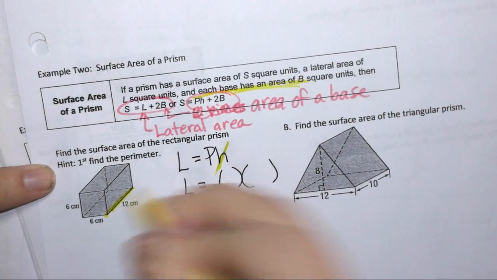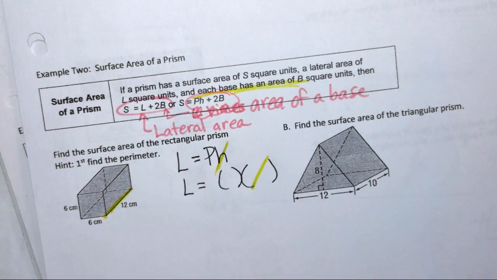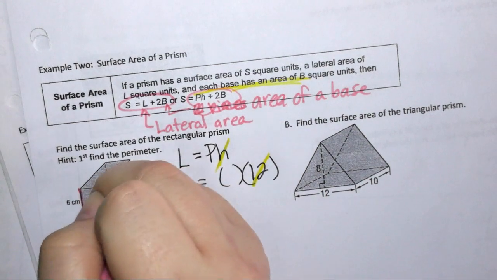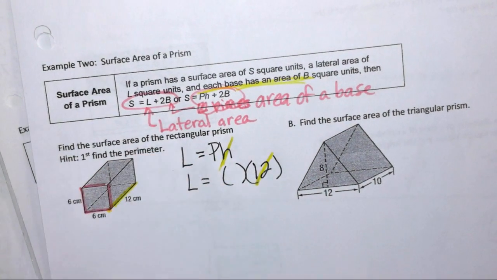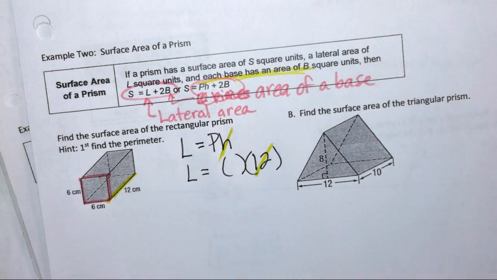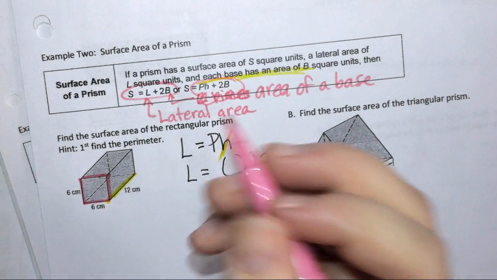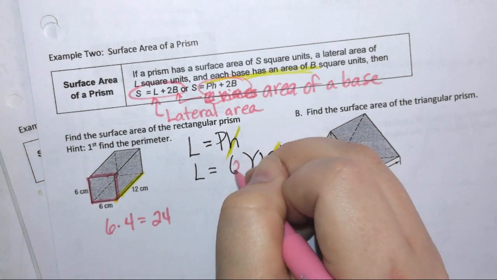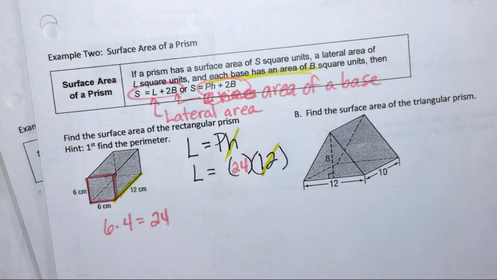Because that's the number connecting the two bases, so it is 12. I need the perimeter of my base. Because this is a square, we're shown that, so 6 times 4 is 24, so that is 24. So my lateral area is what number?